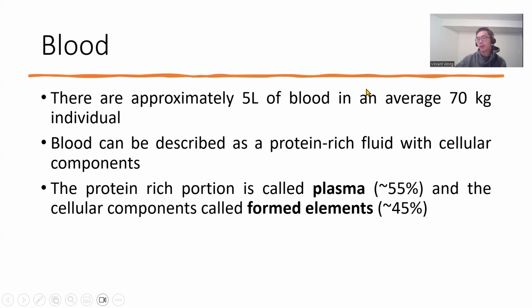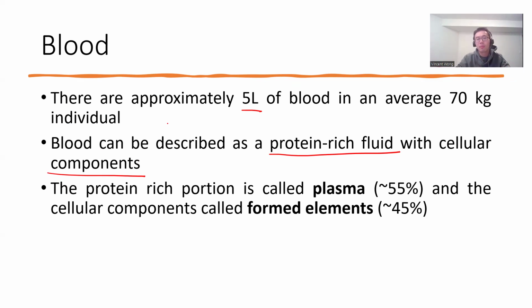So blood. There are approximately 5 liters of blood in an average 70-kilogram individual. Of course, that does vary from person to person. That's just an average number, right? And blood essentially can be described as a protein-rich fluid with cellular components.